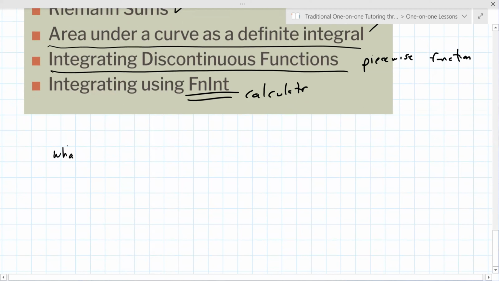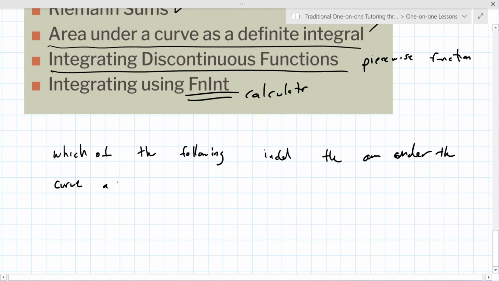It's probably a "which of the following includes the area under the curve and the x-axis" question.